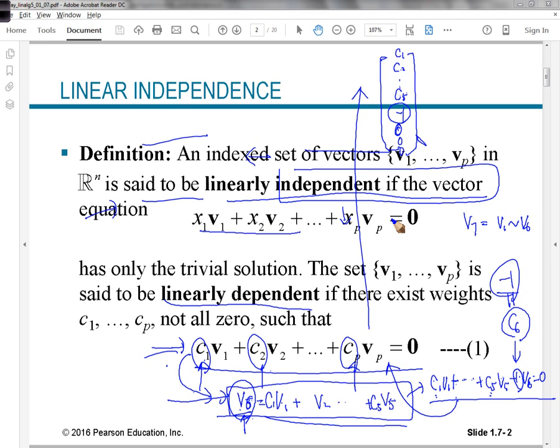V7 will also give its own pivot, because it is not part of the previous span. So if we think about this equation of a linear dependence relationship, we cannot represent V7 as a linear combination of V1 through V6. Although we can do that for V6, it's not the case for V7, right?